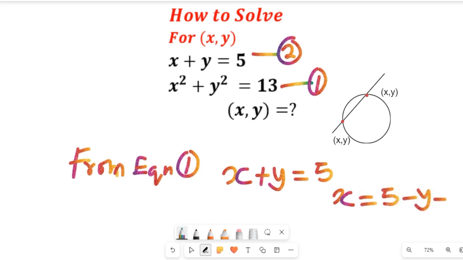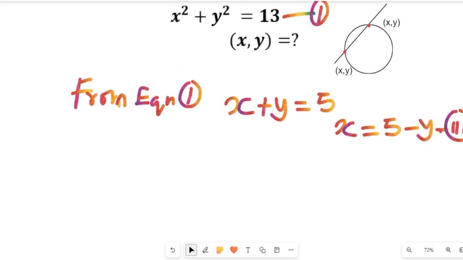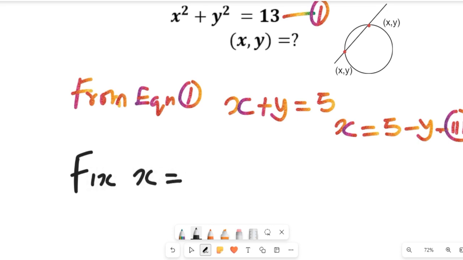We consider this as equation 3. Now, having gotten equation 3, what we are going to do is substitute it into equation 2.